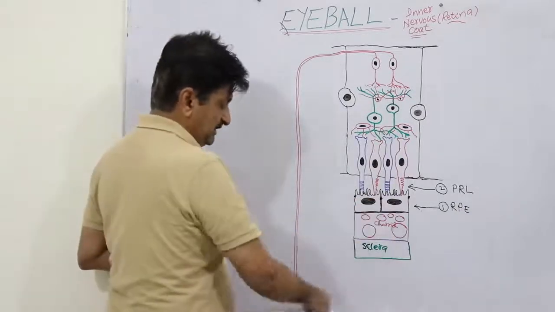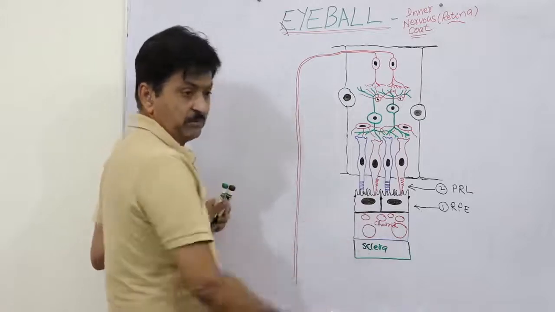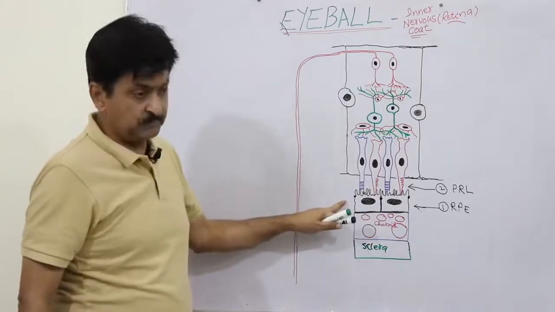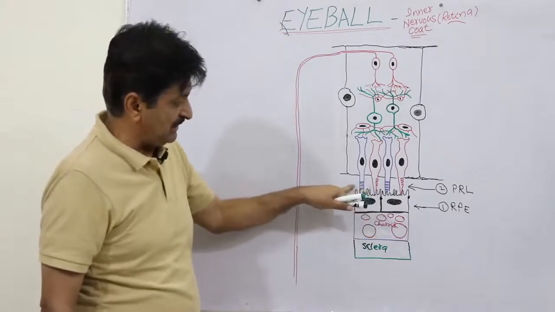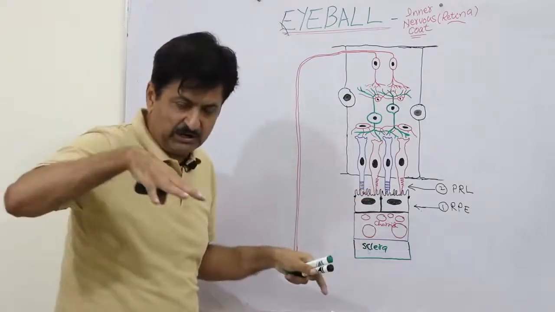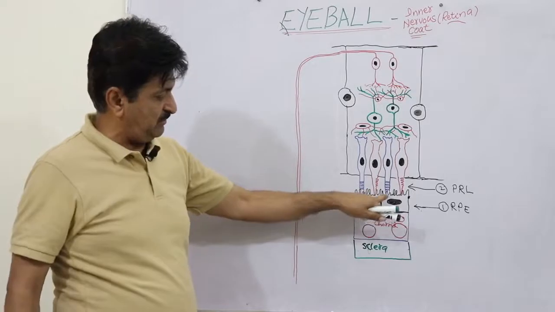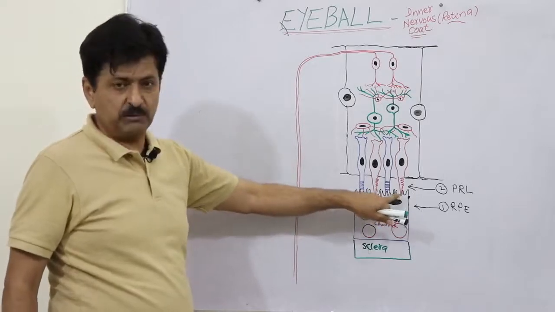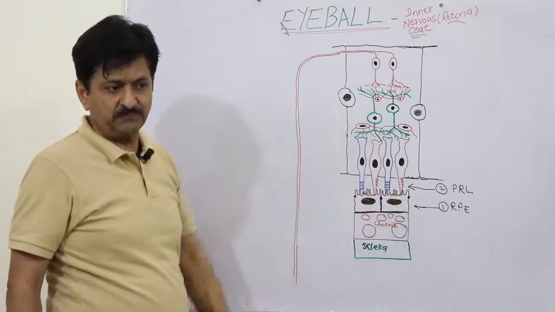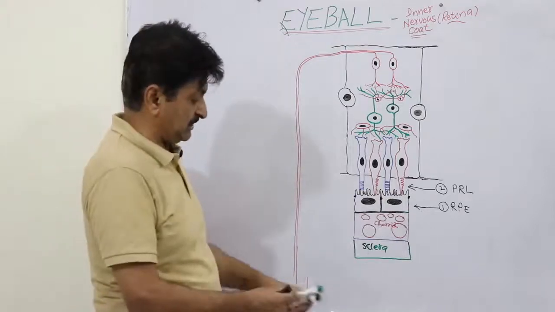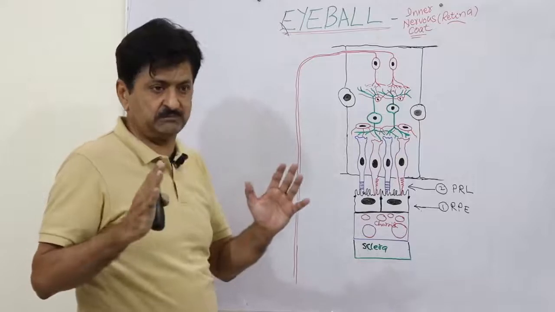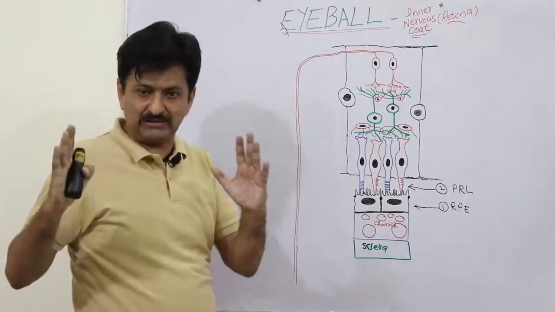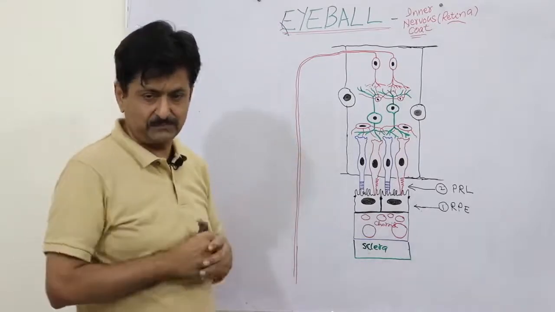But if you are looking at this retinal pigment epithelium, there are a lot of functions you see, and the rods and cones, their outer segments are embedded partially into the RPE, the retinal pigment epithelium. And at the same time, as we have already told you, in the periphery of the retina, it contains more rods and fewer cones.